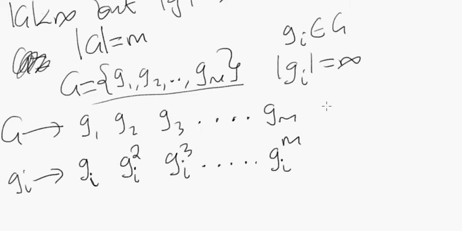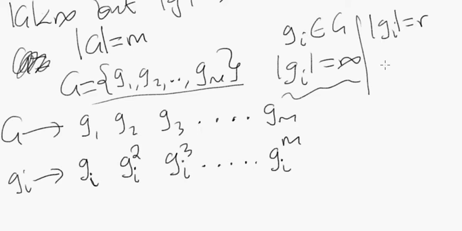So if the order of gi is infinite, could gi to the power of m give us 1? What does it mean for an element to have order r, if we say that the order of gi equals some r?